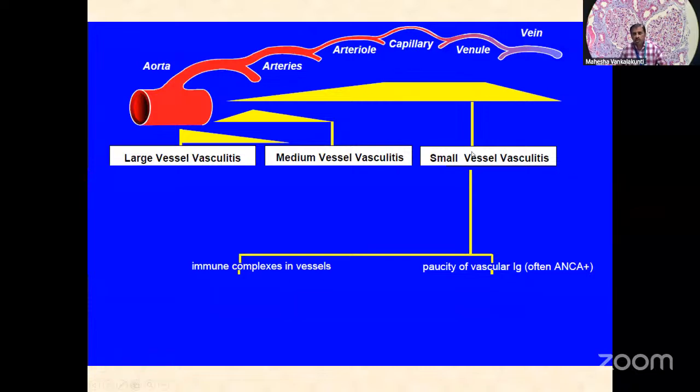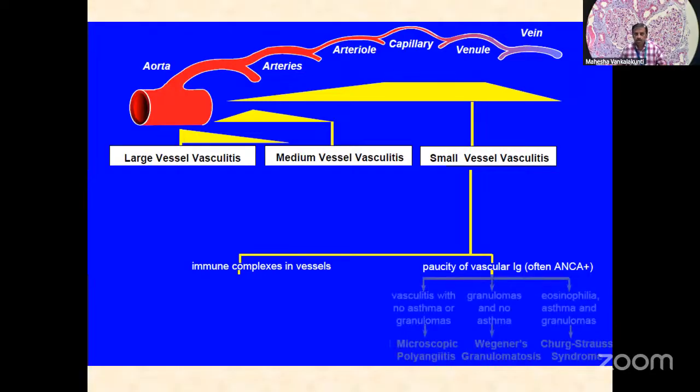So if we look at this small vessel vasculitis based on the immunofluorescence, where the intensity of the positive reaction is less than 2 plus or negative, that would be named as a pauci-immune reaction. And as mentioned earlier, it's categorized into three groups.